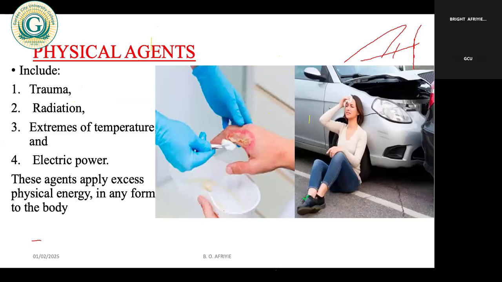Okay. So note that car accidents fall under physical agent, contusions, when people stab people, and all that. Any physical energy that is applied in excess that causes damage to the cell falls under physical agent. Then we have chemical agents.